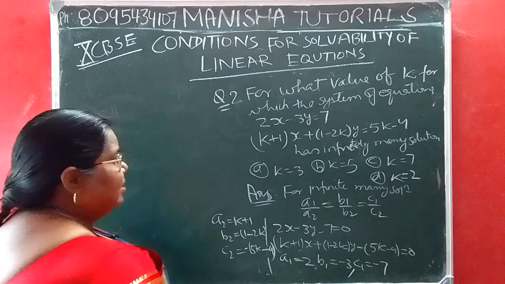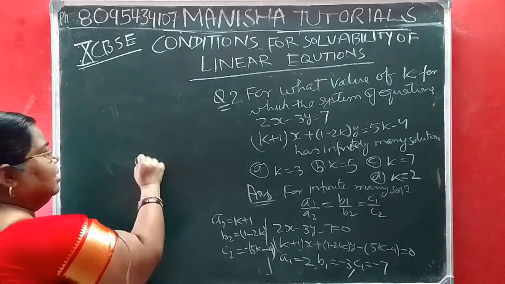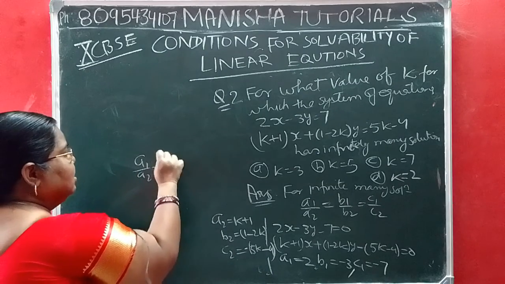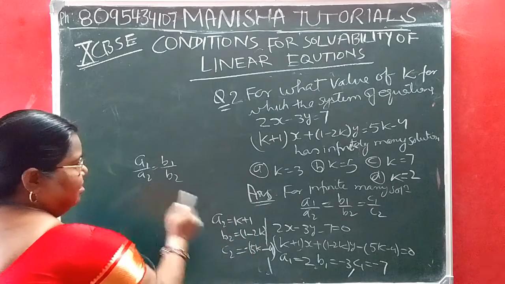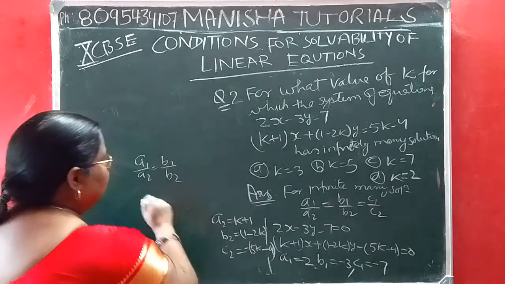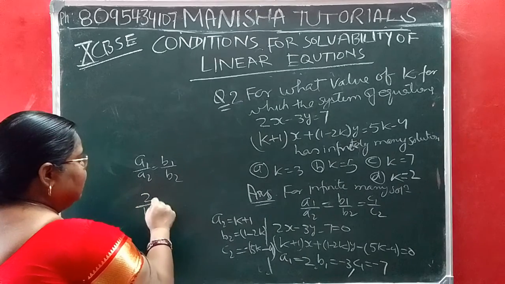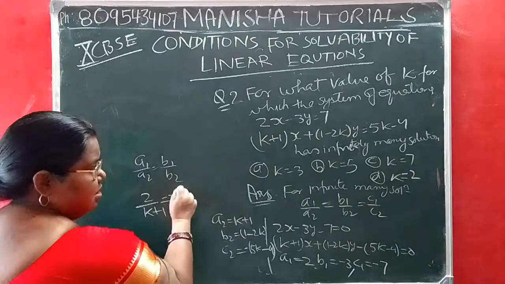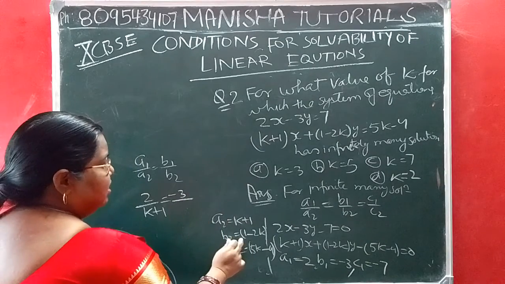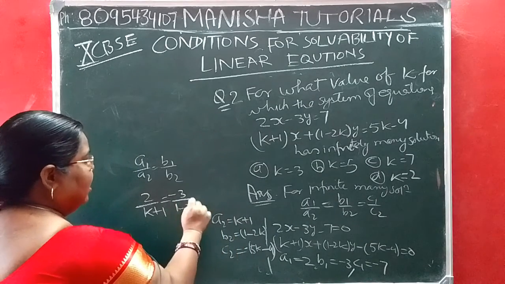As our condition, just take a1 by a2 equals b1 by b2, because we can easily get the k value. a1 is 2, a2 is k plus 1, equals b1 is minus 3 and b2 is 1 minus 2k.